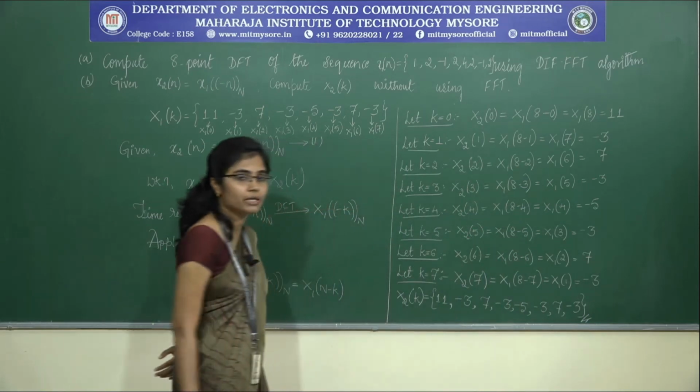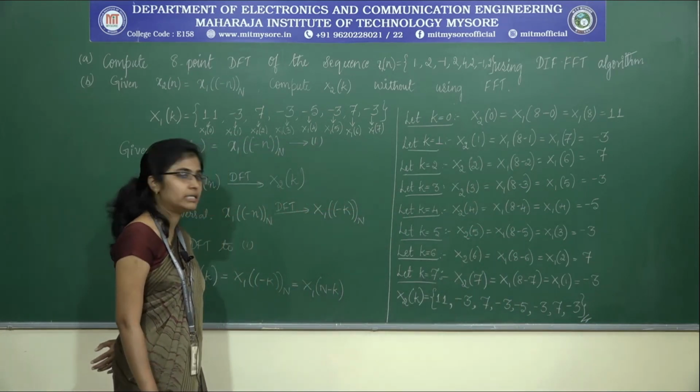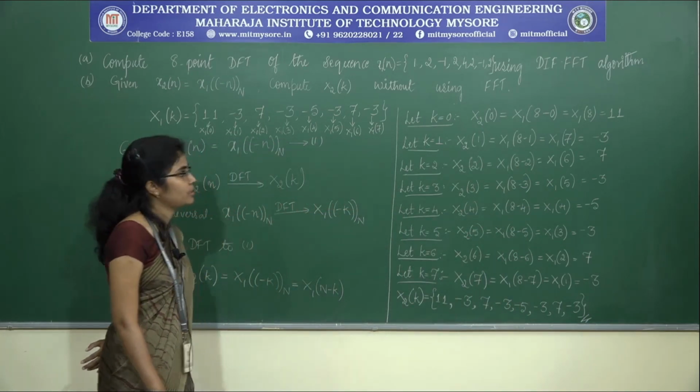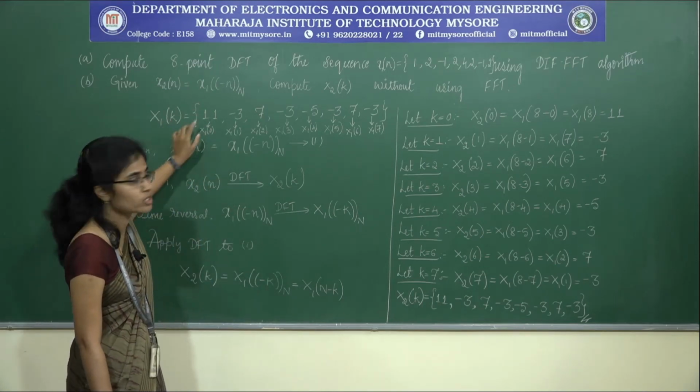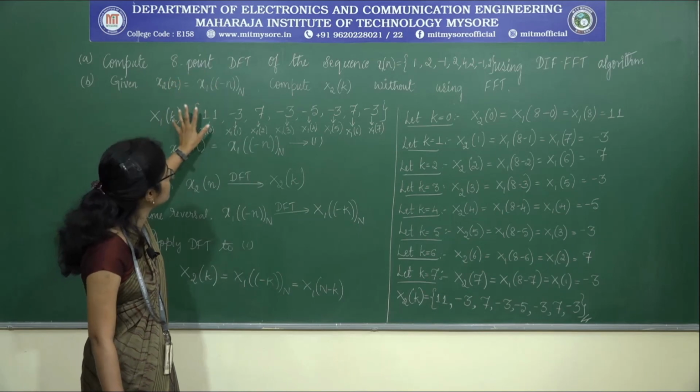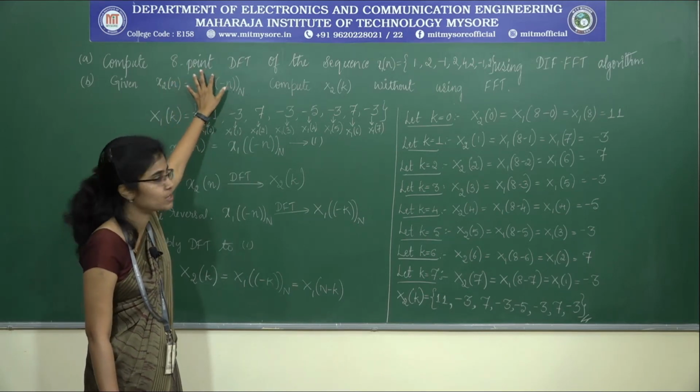So, this is how we can compute the DFT with the help of property by first finding out x1 of k, which gives the answer for first part of the question.